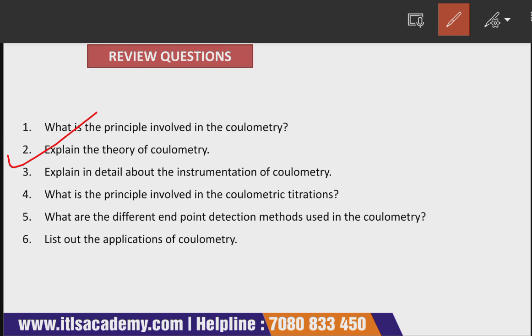Then comes the principle that is involved in colorimetric titrations. Then, what are the different endpoint detections that are used in colorimetry? And at last you have to list out the applications of colorimetry.